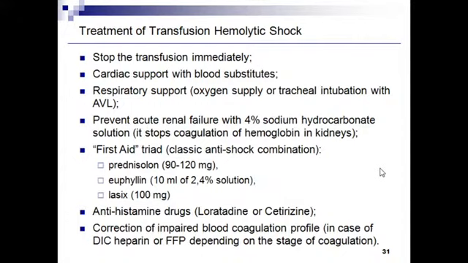Next, we should do cardiac support with blood substitutes. We should use anti-shock blood substitutes for supporting the cardiovascular system of the patient, because shock, first of all, is a disturbance of the cardiovascular system. The next action is respiratory support: oxygen supply or tracheal intubation with AVL.